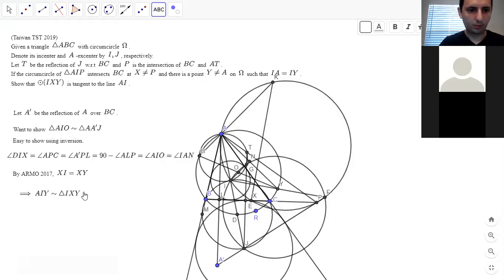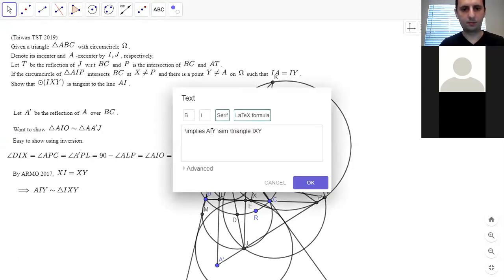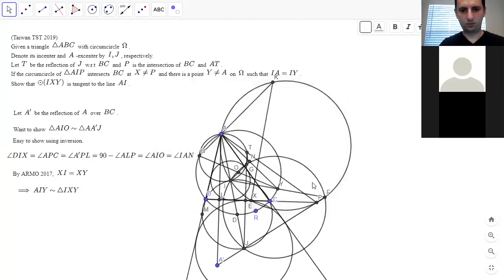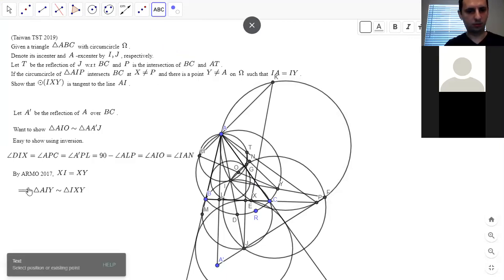So we have those are similar, and this implies that angle IXY equals AIY.